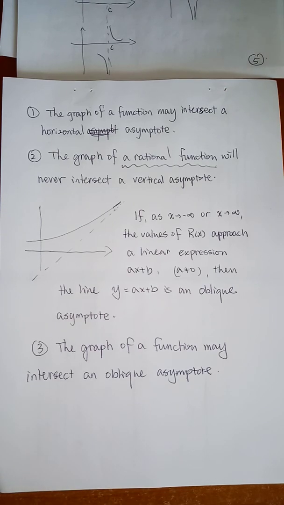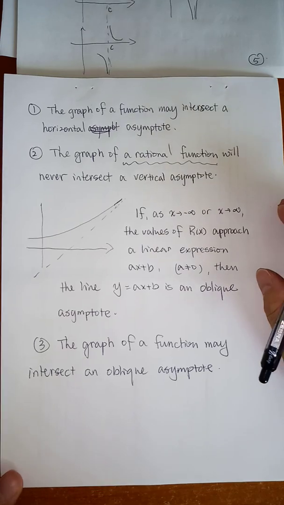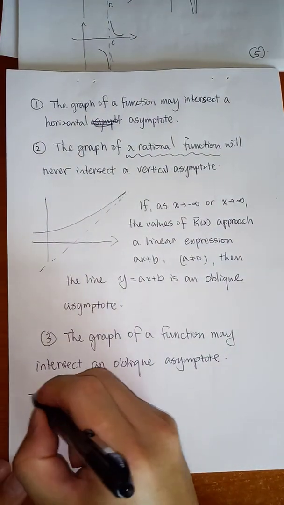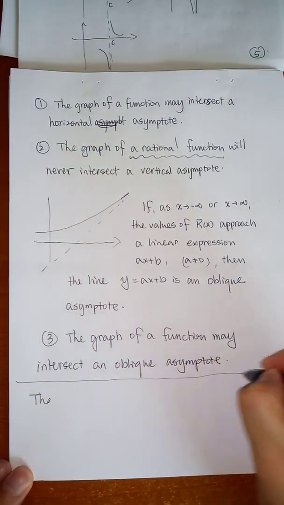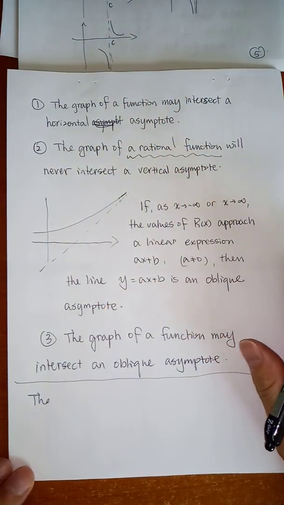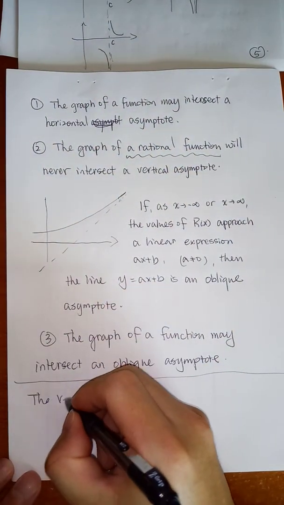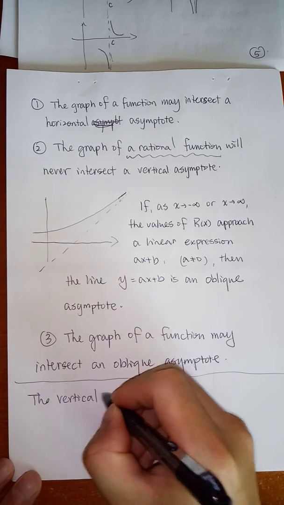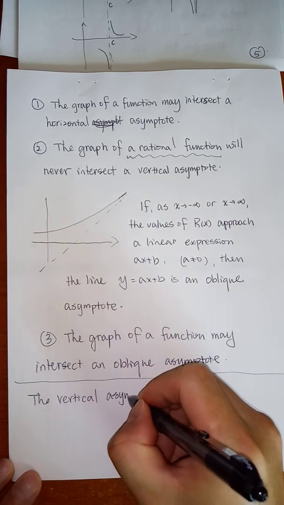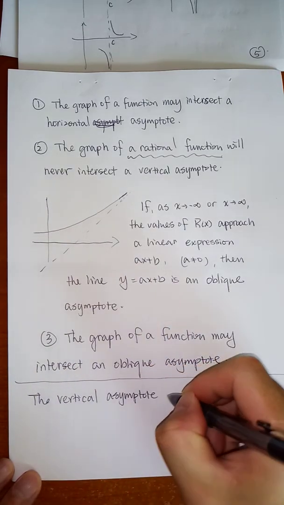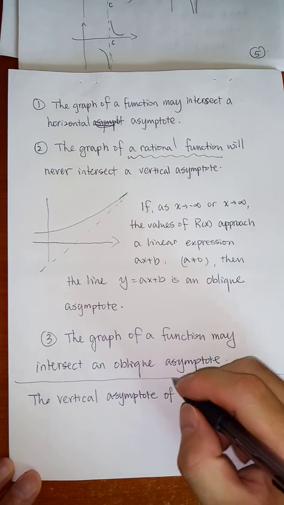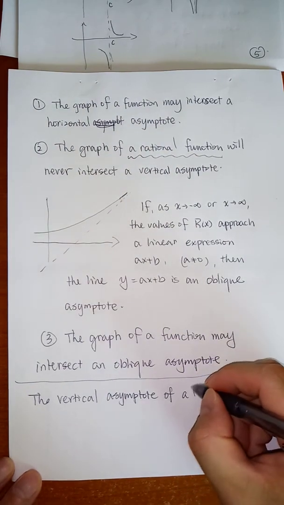Okay. Now let's just focus on the rational function. We try to find a vertical asymptote. So here it's a general discussion of the vertical asymptote of a rational function.